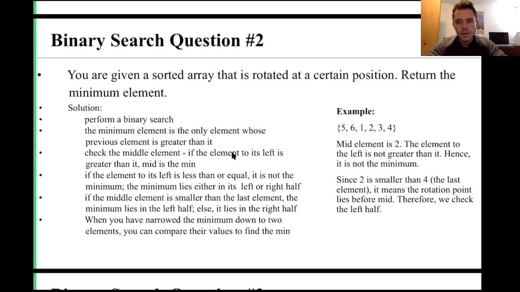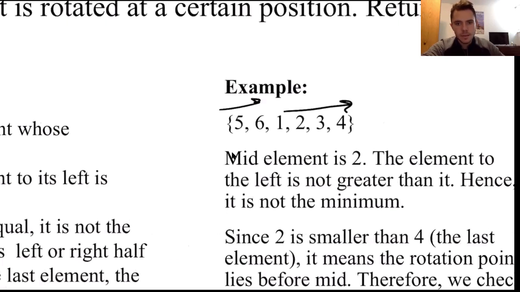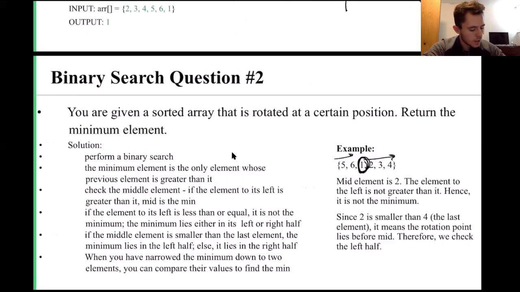And we're looking for an element that is less than the element to its left, right? Because our array, if we're looking at our example here, is strictly increasing except for at the point where we have pivoted, right? So the only element that is going to be less than the element to its left is going to be our minimum here, right? So for this example, I'll just kind of go through what our algorithm would do real quick. 1, 2, 3, 4.